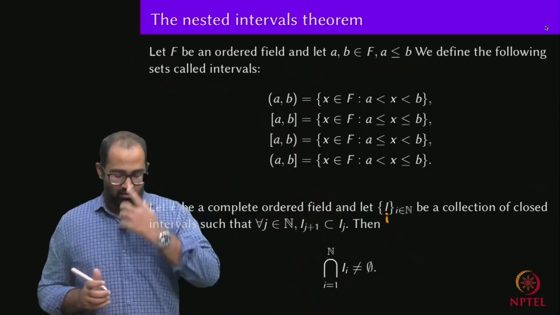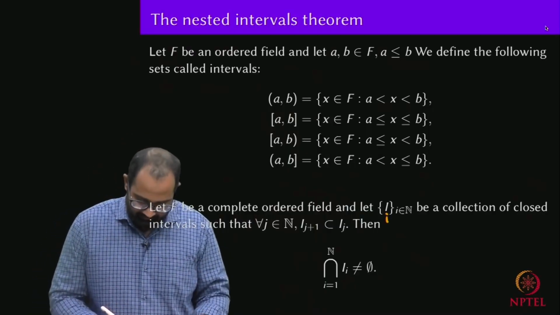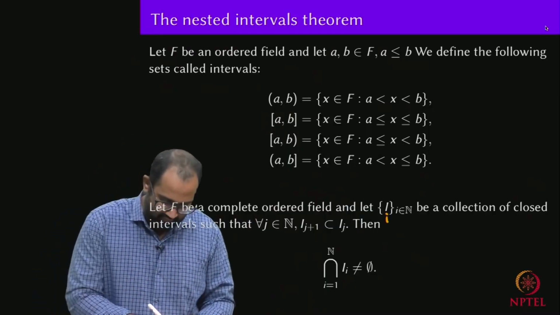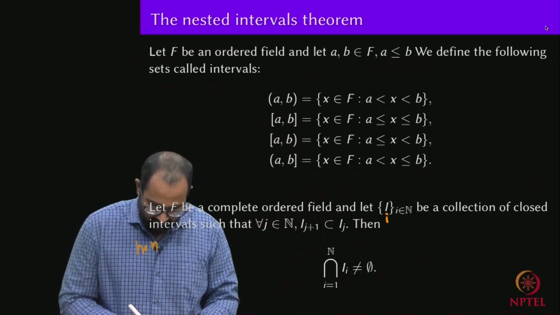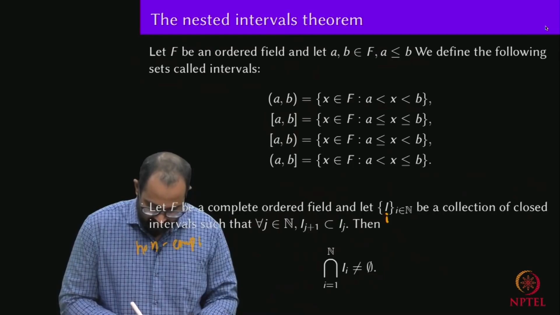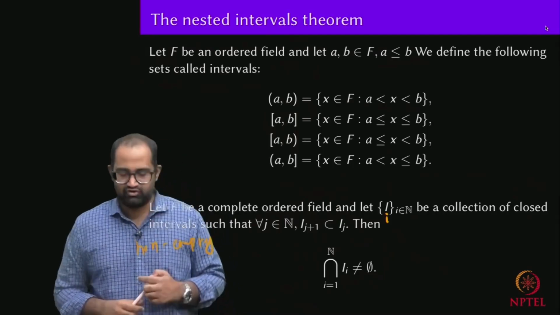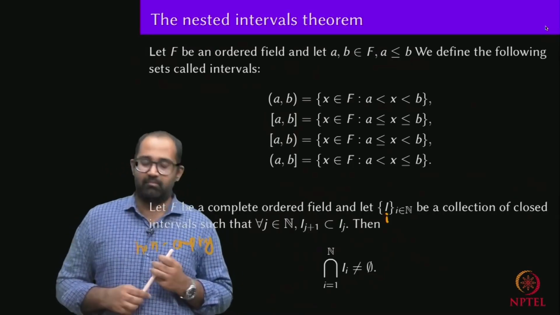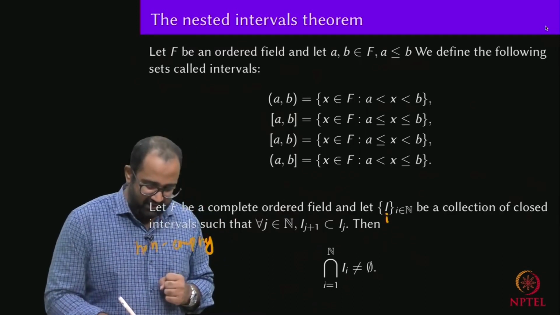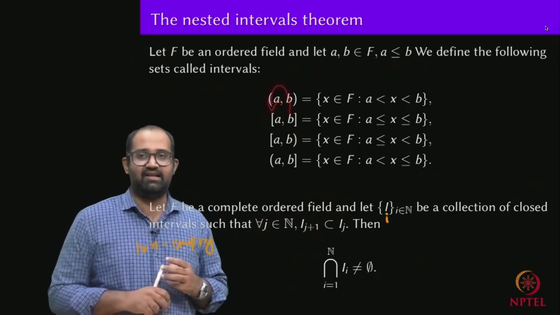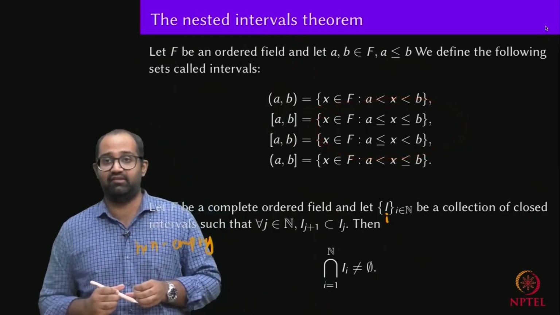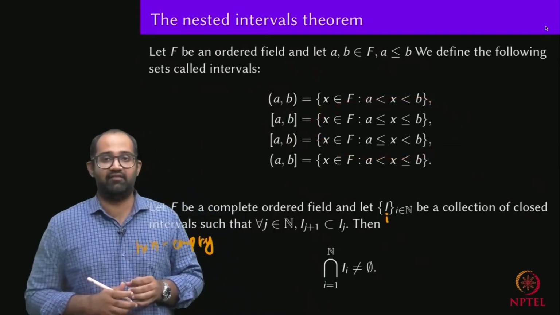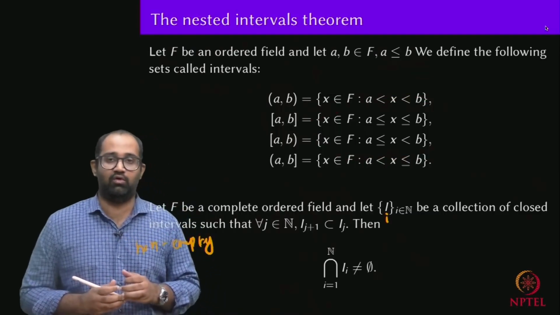So, I must mention the collection of closed non-empty intervals. I should mention non-empty because somebody could potentially choose B to be strictly less than A, then there is no element x in F that satisfies this. So, technically by the way I have defined it, the empty set is also a closed interval.